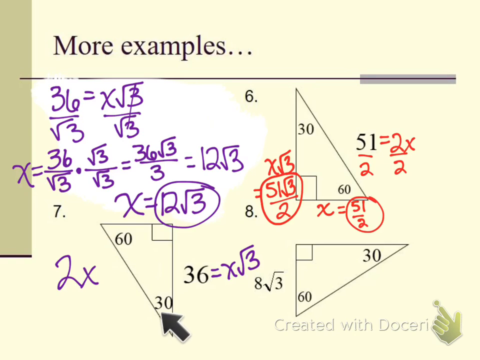In order to find our last side, we plug that in. So we take 2 times 12 radical 3. What does that give me? What is it? 24 radical 6. Ooh, close. 24 radical, it's 24 radical something.